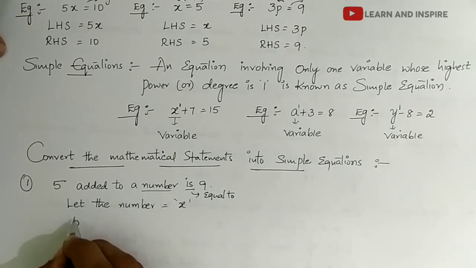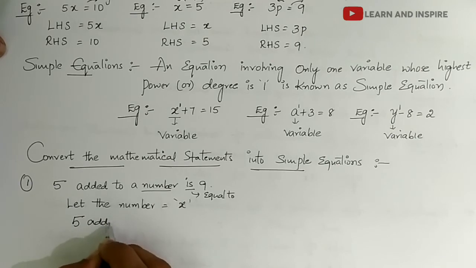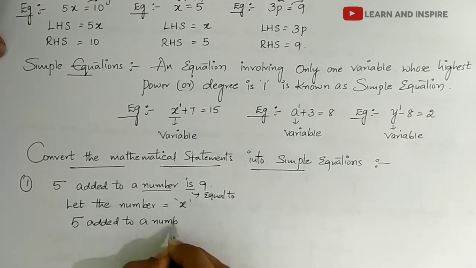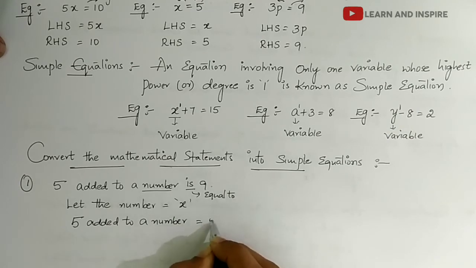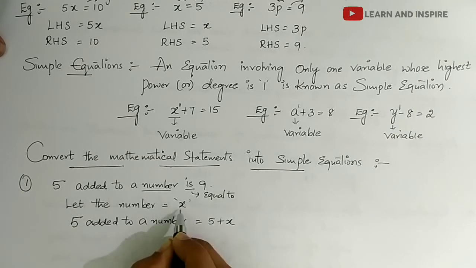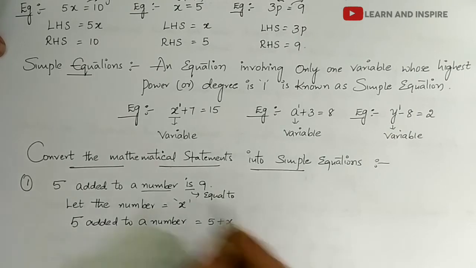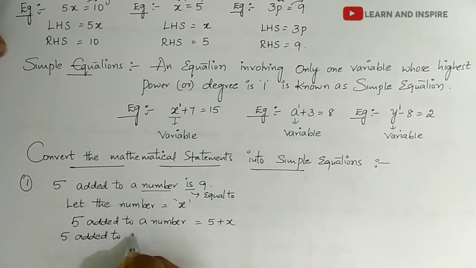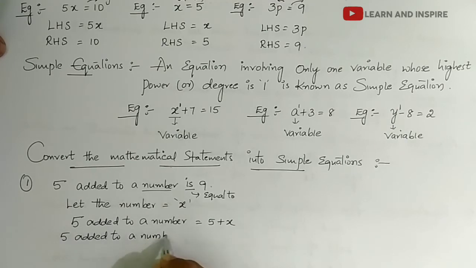Now I write 5 added to a number is nothing but 5 plus x. 5 added is nothing but addition. A number is x. And we write the statement 5 added to a number is 9.